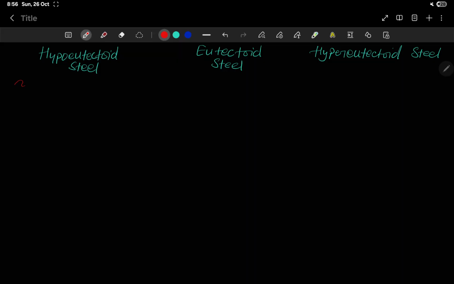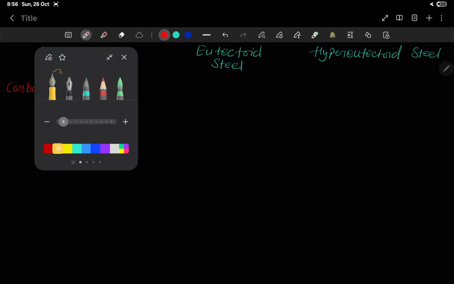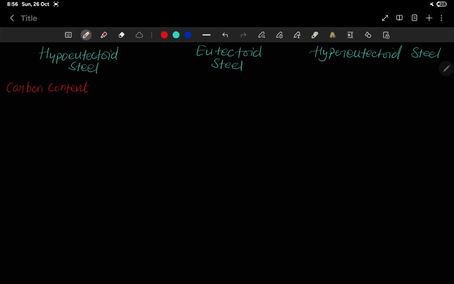So here, the carbon content is less than 0.8 weight percent of carbon.